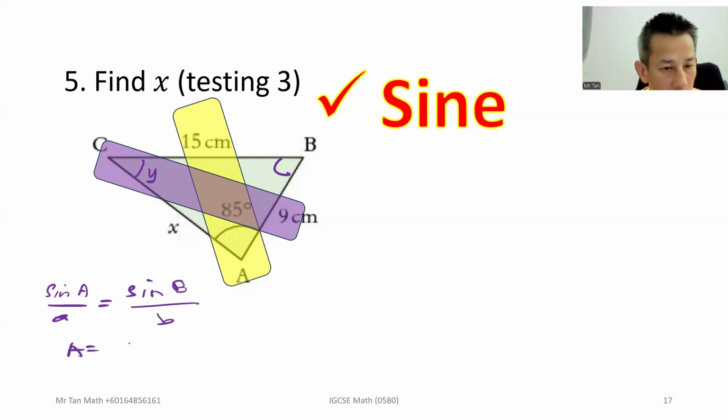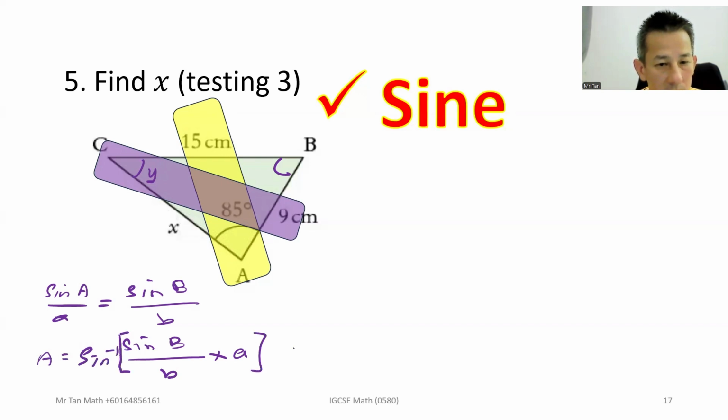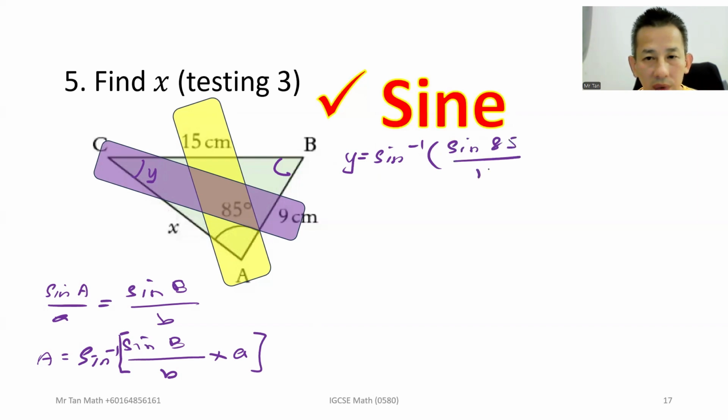Therefore, sin y equals sin B over b times a, so y should equal sine inverse of sin 85 over 15, times 9.